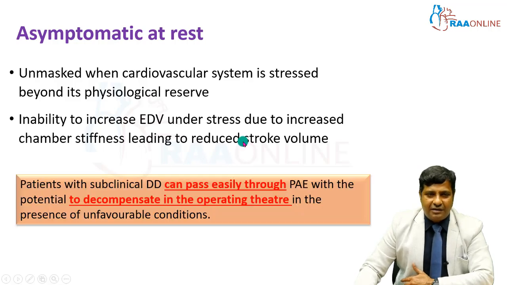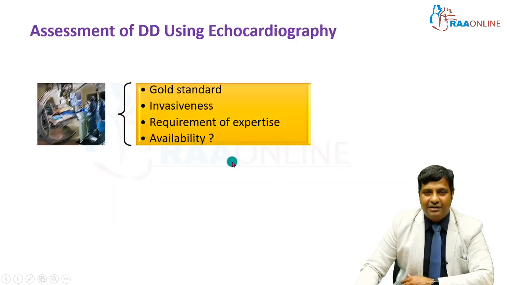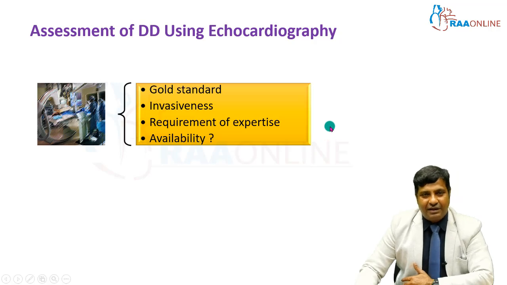As a result, patients who have subclinical diastolic dysfunction will easily pass through the preoperative evaluation, only to decompensate in the operating room when they come across any unfavorable stressing conditions. So we need to pick them up during our preoperative evaluation itself. That is the goal of our pre-anesthetic evaluation.